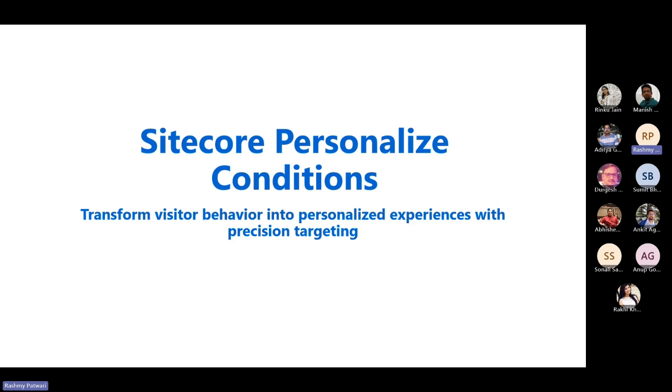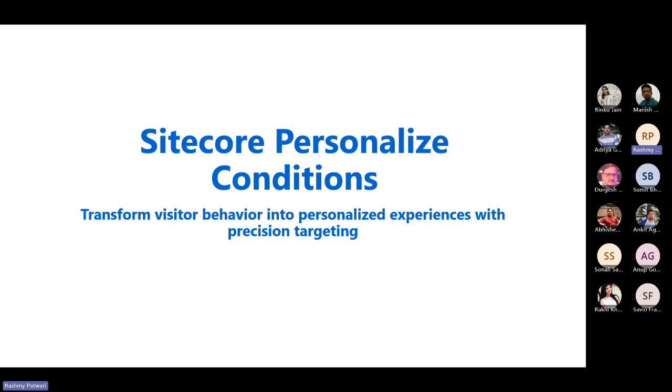So the topic is we'll focus primarily on Sitecore Personalize conditions. Conditions is a feature of the Sitecore Personalize product, the SaaS product, and this gives us a lot of power when it comes to doing custom rules. If you're all familiar with the XP world, we had a powerful marketing tool, a rules engine, right?